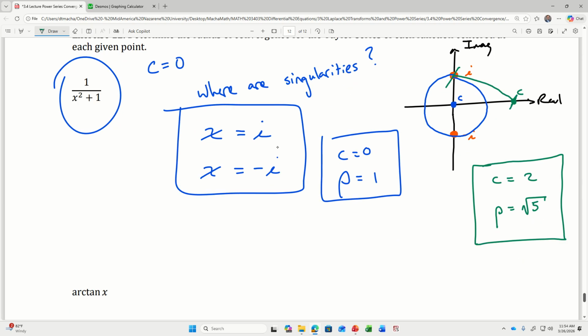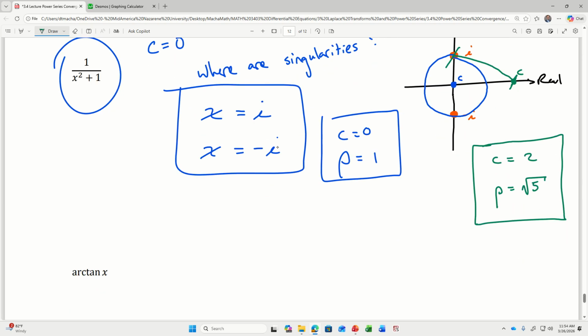What's the radius of convergence for arctangent? Well, you might say, I don't know what the singularities of arctangent are. But remember that taking the antiderivative does not change the radius of convergence.